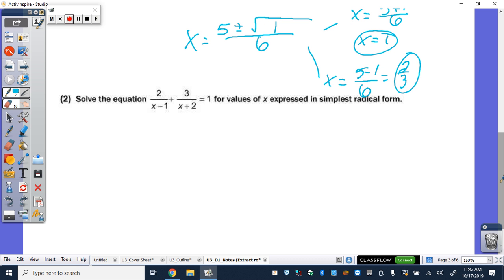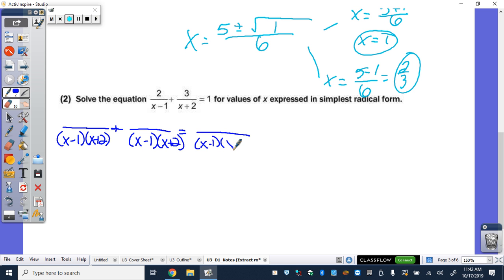All right, let's take a look at our second one here. What do we need to get? Common denominator. What will our common denominator be? Yeah, multiply the two of them together. So x minus 1 times x plus 2. On the right side of my equal sign, it's just going to be x minus 1 times x plus 2 over itself because it was a 1.